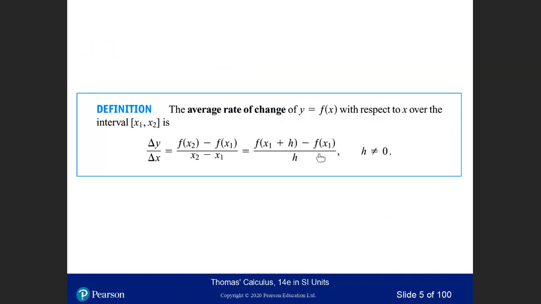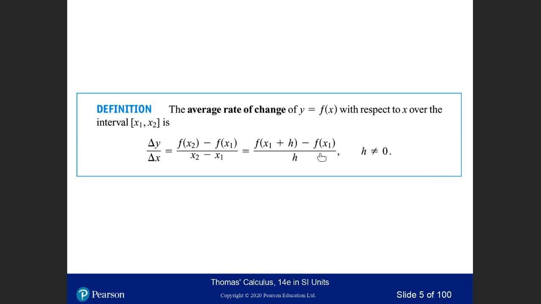Now that same is true for average rate of change of a function y is equal to f of x. If you have a function like this, the change in y, we call it delta y, and the change in x, delta x, that gives you the average rate of change of this function if you move from x1 to x2.